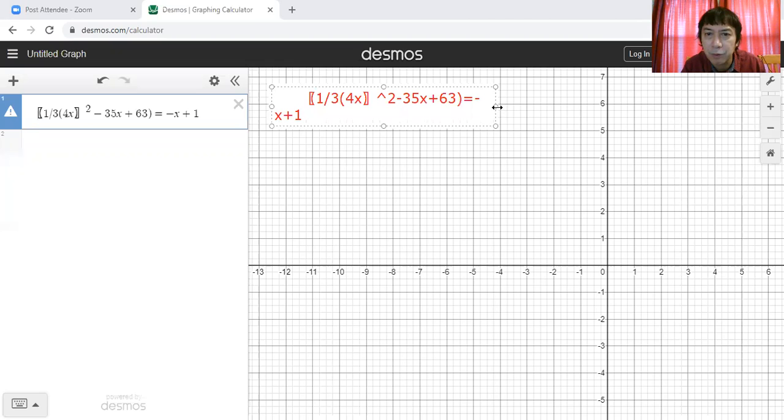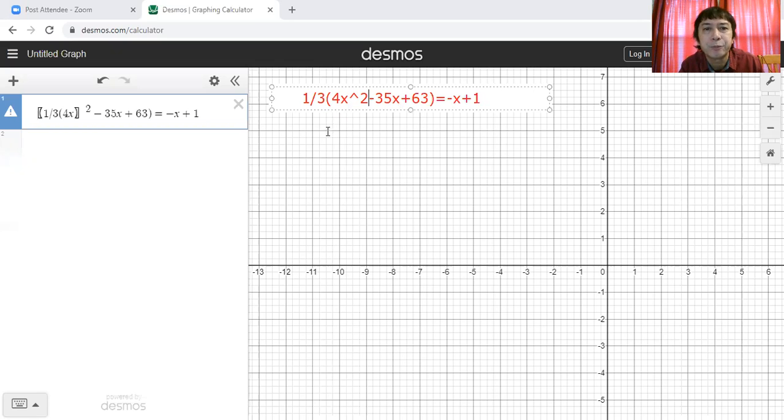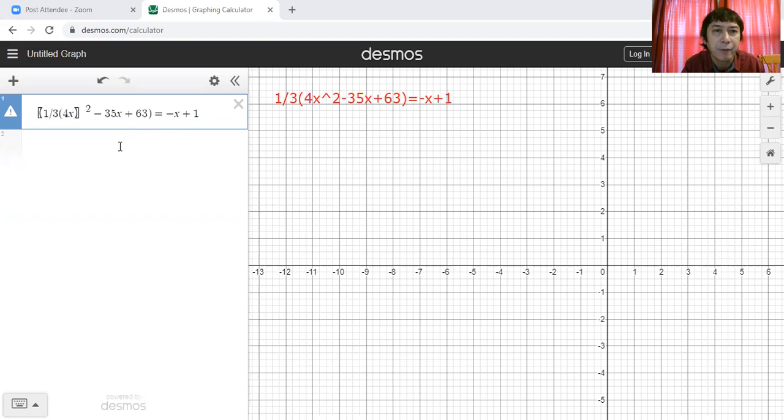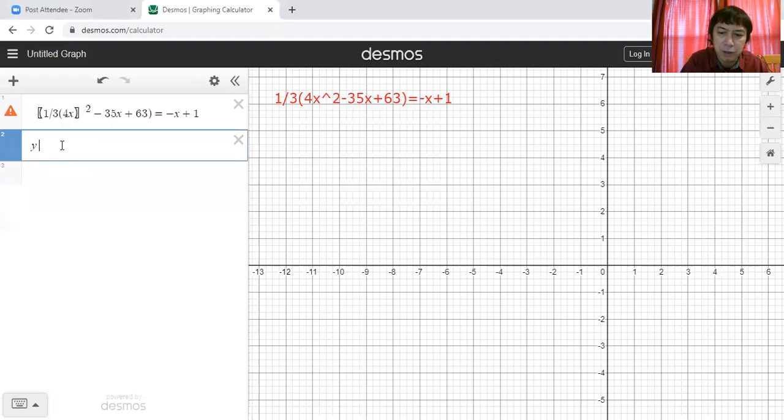This will be our working equation: 1/3 times the quantity 4x squared minus 35x plus 63 is equal to negative x plus 1. So one equation for the left side, one equation for the right side. We shall proceed graphing y is equal to the left side.